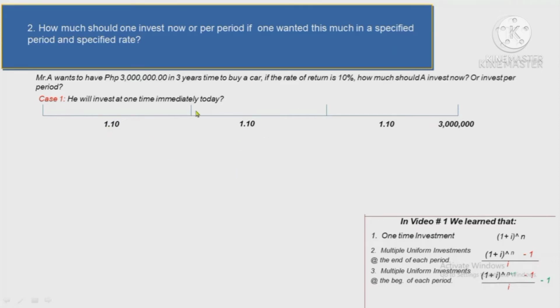In this particular case, since we are going to start here, the opposite of what we've learned in the past, so instead of multiplying, we are going to divide 3 million by 1.10, and we're gonna get 2,727,272.72.